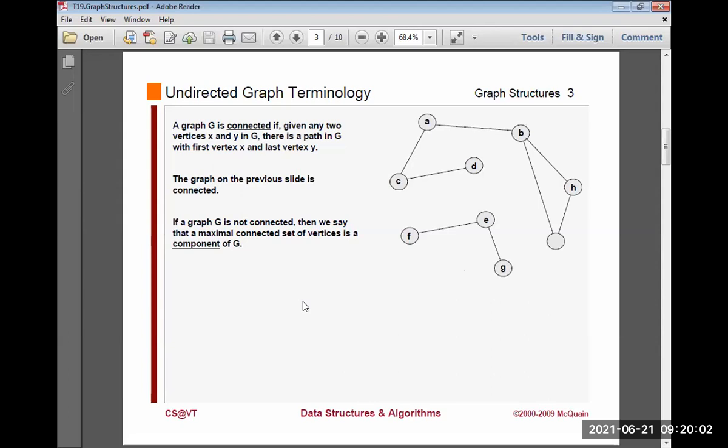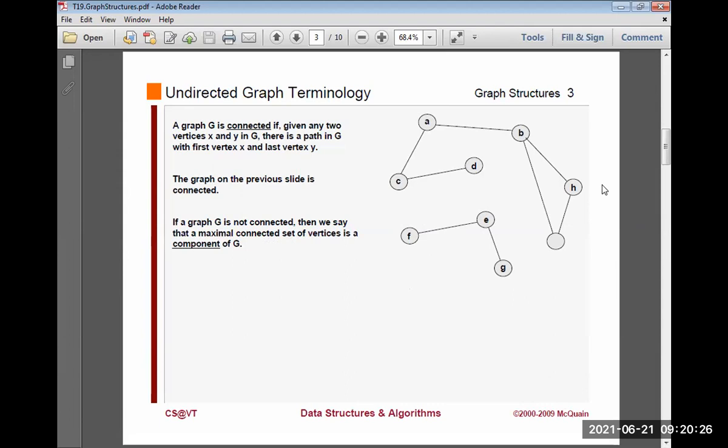Okay, next, if a graph G is not connected, then we say that a maximal connected set of vertices is a component of G. When G is not connected, this is a different graph and this one is a different set of graph. How do we tell that a graph is not connected?